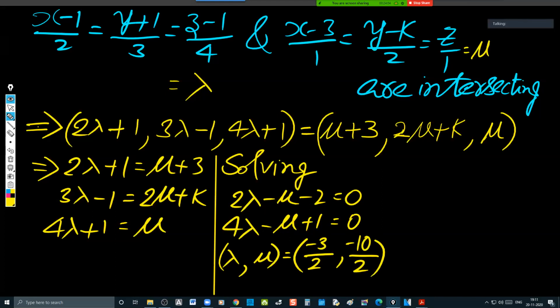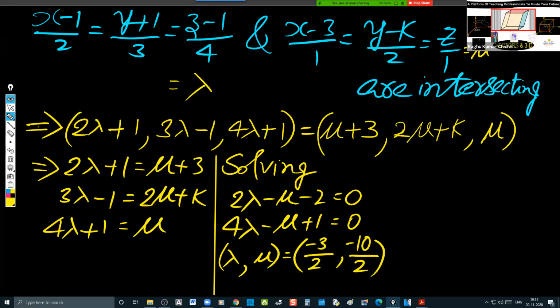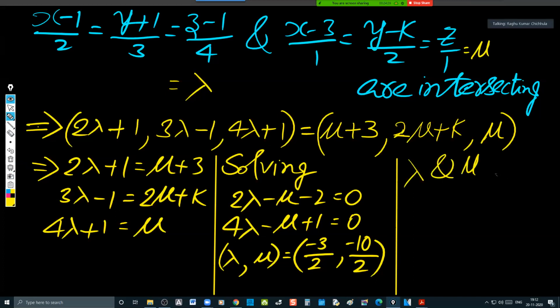So lambda and mu must satisfy the second equation, because they are intersecting.